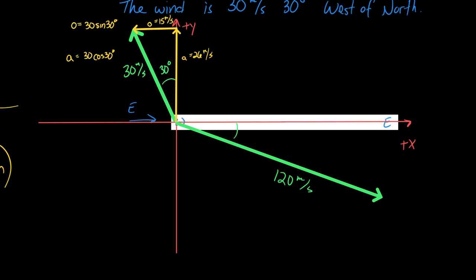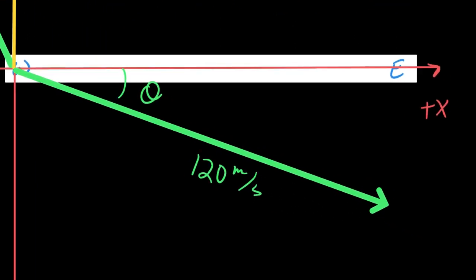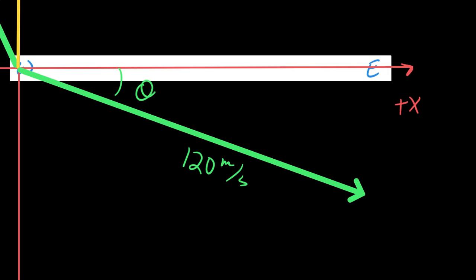I don't know this angle, but I'm going to continue by doing my procedure, which is to take this vector and break it up to its components, which means drawing in a triangle to represent the components for this vector.